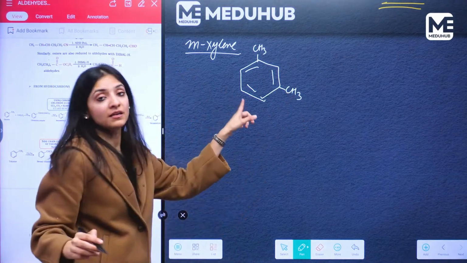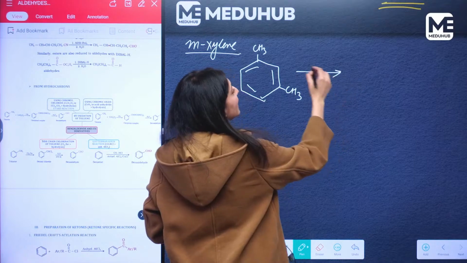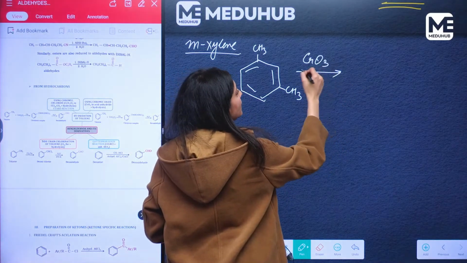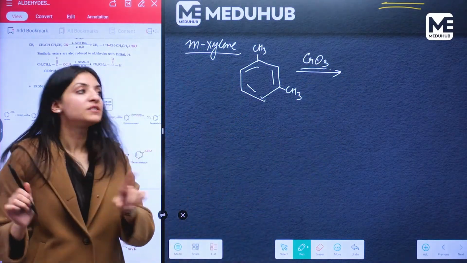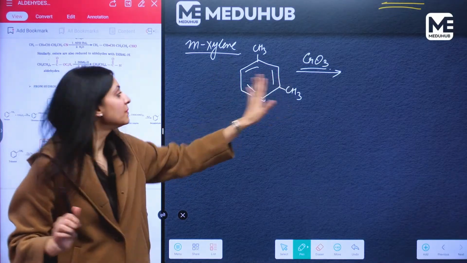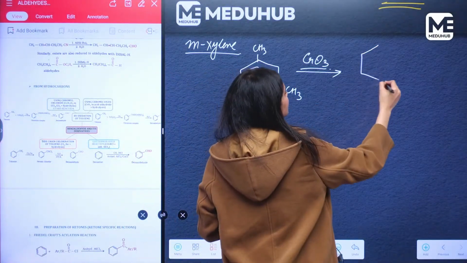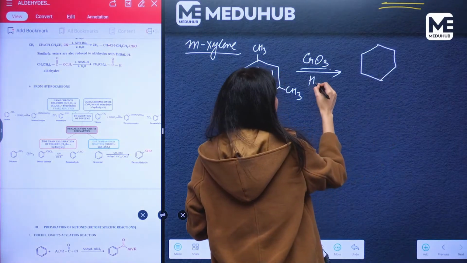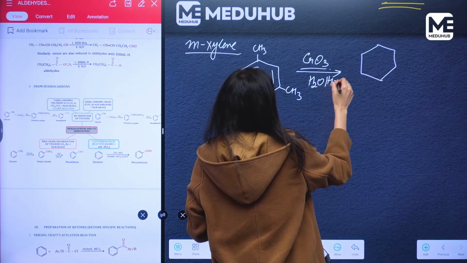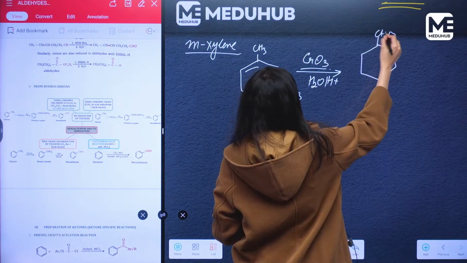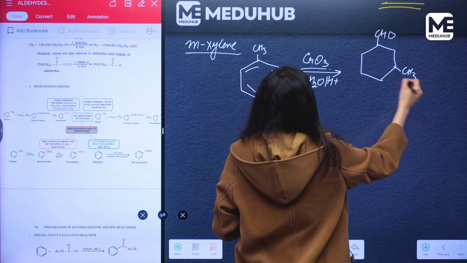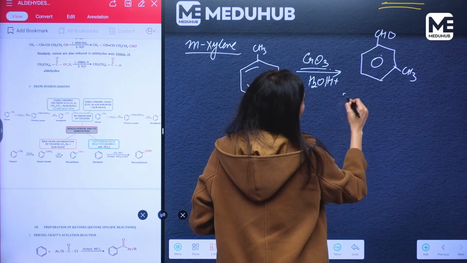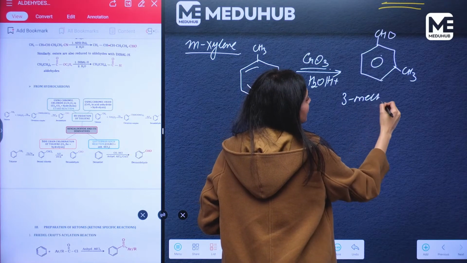When such is the case and it is treated with either chromyl chloride or CrO3, only one of these methyl groups will get oxidized to the aldehyde group and we will get this product: CHO, and this one will stay as it is. So the product will be 3-methyl benzaldehyde.